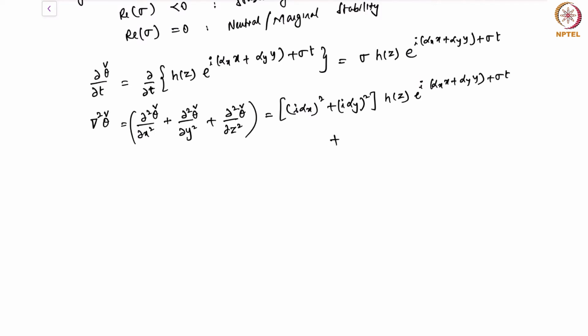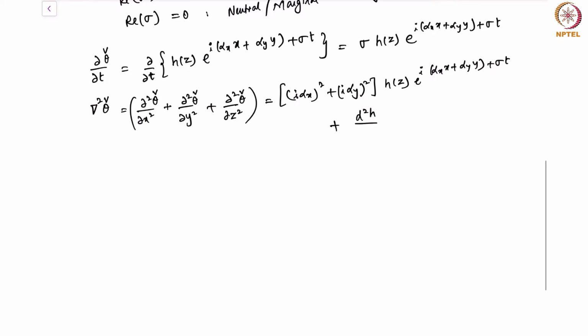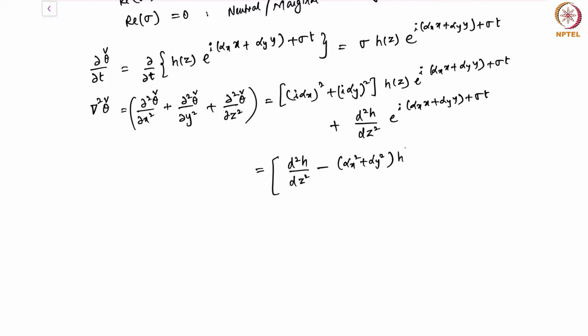And finally, we have del square by del z square of theta. The only term in theta which is a function of z is h of z, so we have d square h by dz square times the exponential. If we take the exponential terms common, then we have d square h by dz square minus (alpha x square plus alpha y square) of h, into the exponential term.